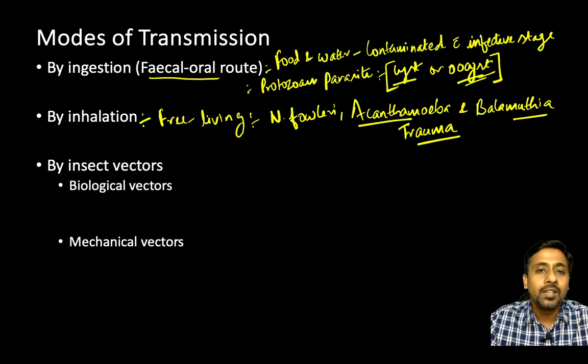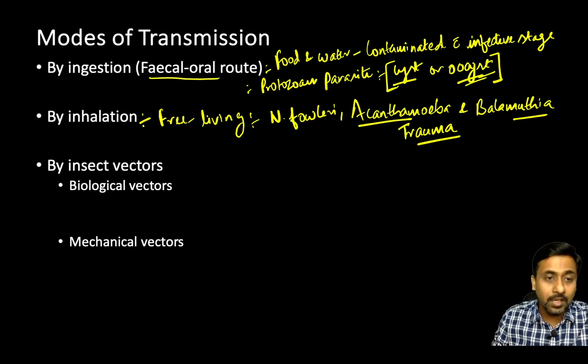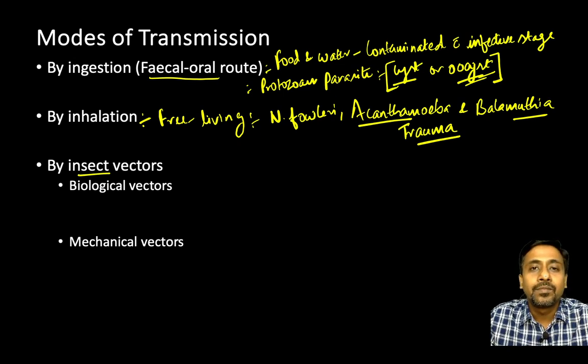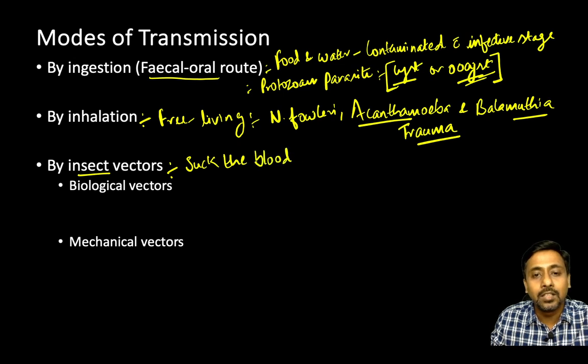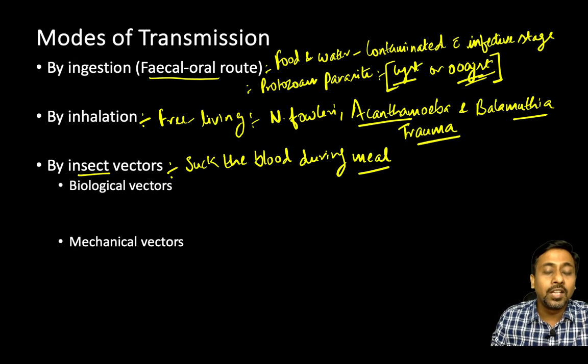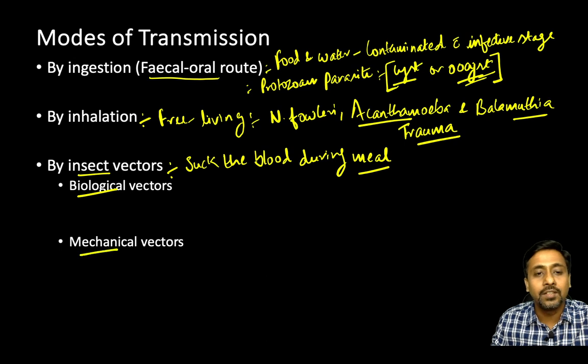Now the next mode is by insect vector, that means a vector which can suck the blood during its meal. This insect vector is classified into two types: one is the biological vector and one is the mechanical vector.